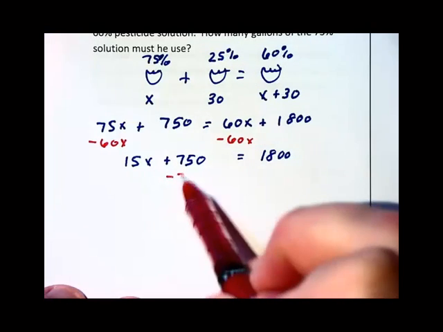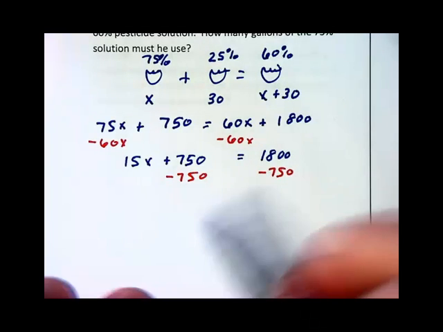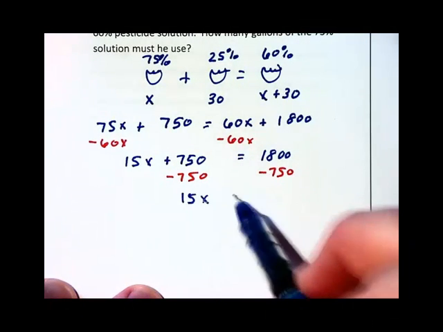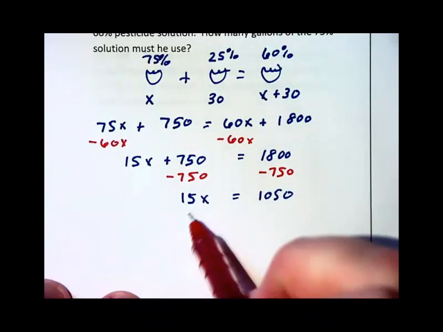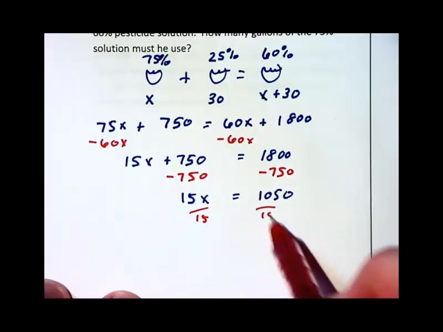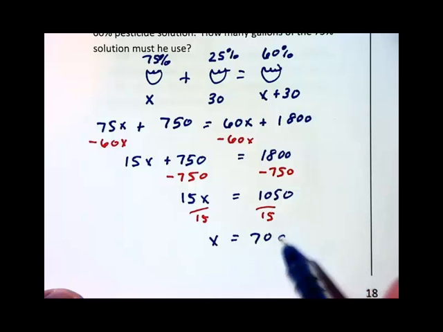Subtract 750 on each side of the equation to get 15x on the left equals 1,050, and finally dividing each side by 15, we find that x is equal to 70 gallons, which you can check very easily up there by substituting that back in.